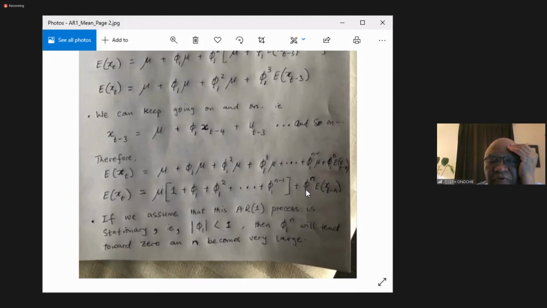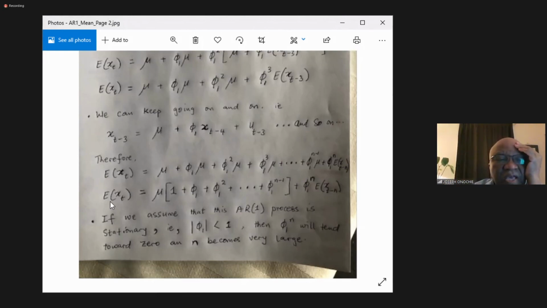But because phi1 is less than 1 here, like 0.9, phi1 to the power of n, where n is very large, will tend to 0, and 0 times this number means all this stuff will disappear if we keep going back, okay?